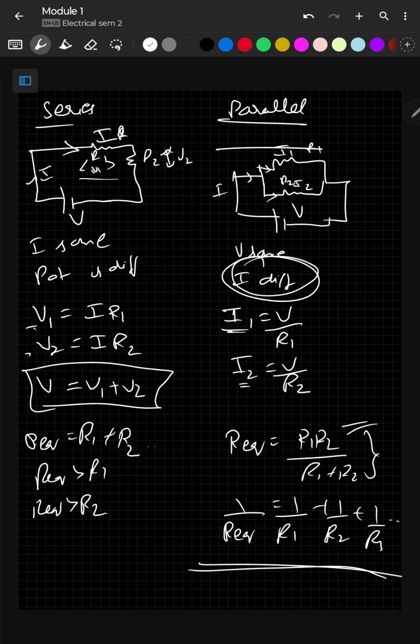For n identical resistors connected in series, identical means all of them have, say, 2 ohm, 2 ohm, 2 ohm, all of them have 2 ohm. For that, R equivalent will be NR.